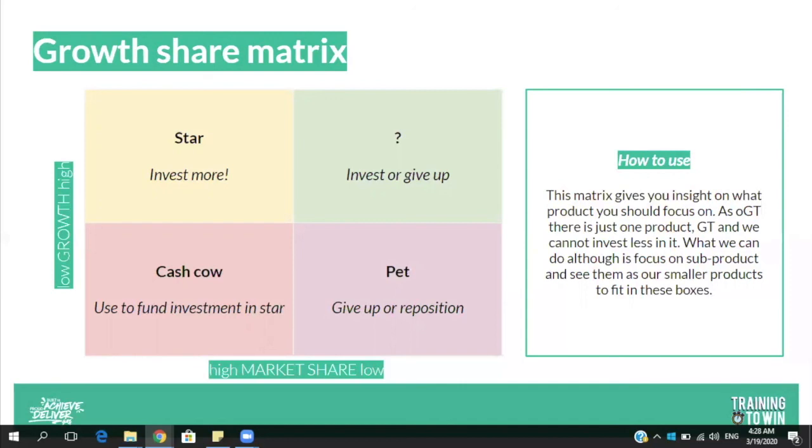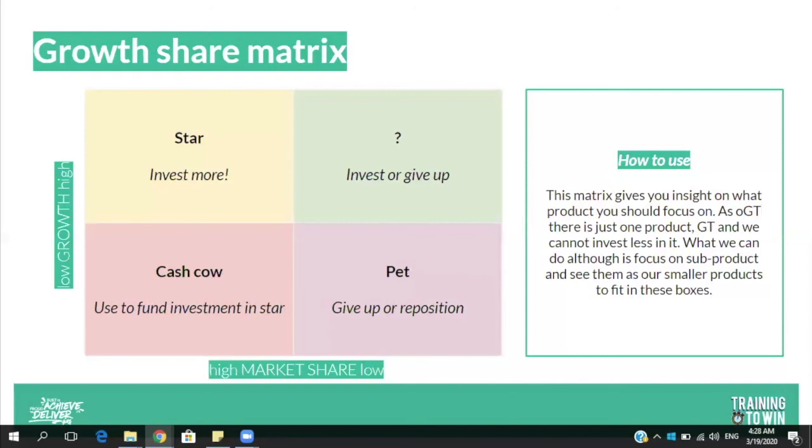So as for GT, we don't have several products to put in these boxes, but you have sub products, and this is how you can actually view this and use this matrix. You can use it with the sub products and see which sub product is the most popular, which is still selling the best, and which ones you need to reposition.